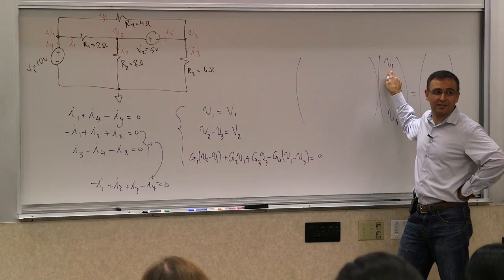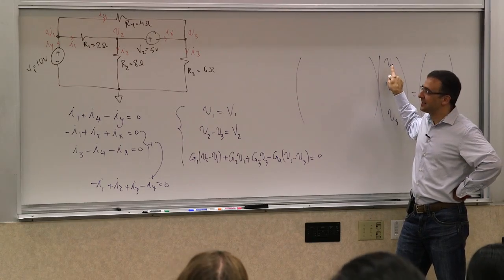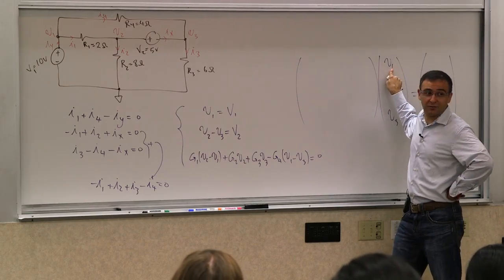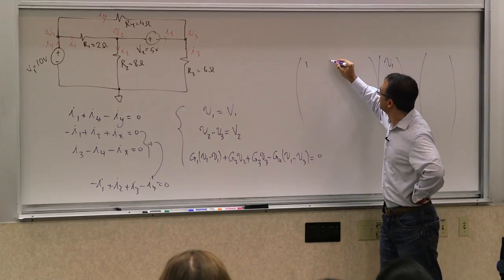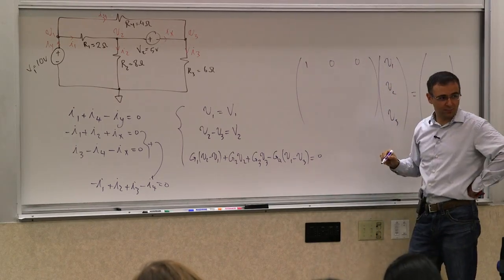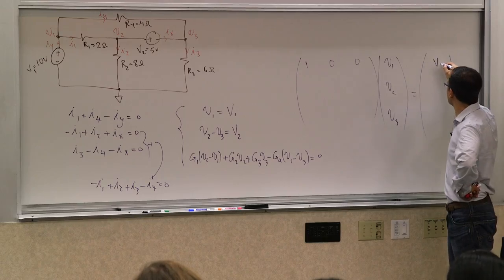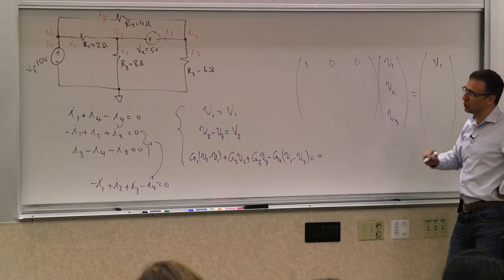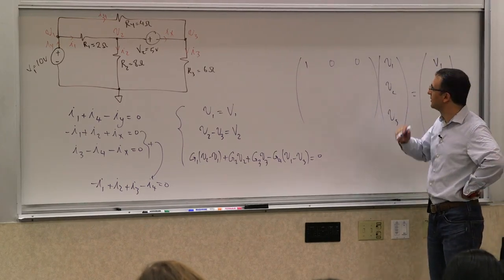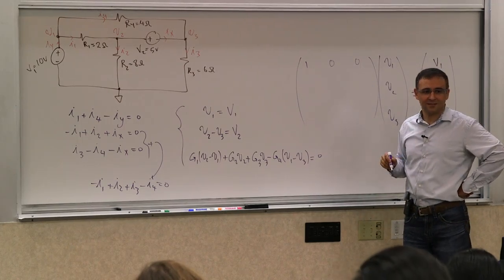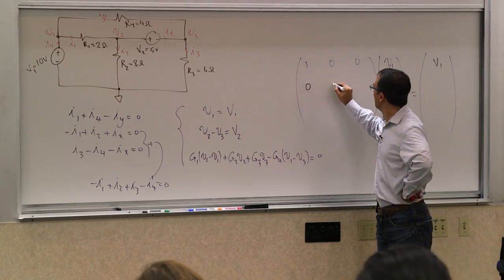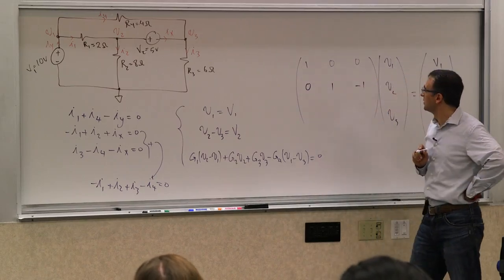It's the coefficient of V1. Exactly. 1, 0, 0. That produces lowercase v1 equals capital V1. Or you could write 5, I don't know. Or 10, sorry. Now, how about the second line? 0, 1, negative 1. Good.